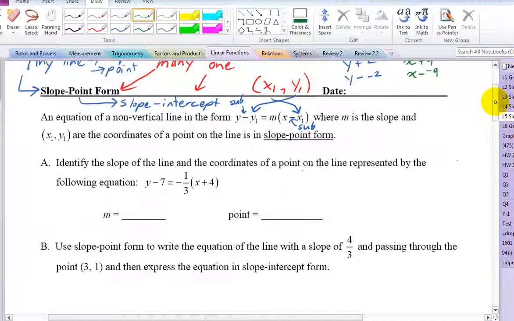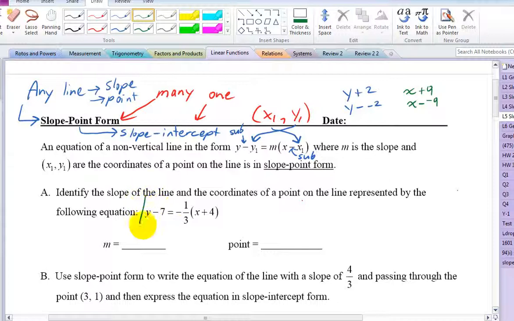So let's practice. Here we have our equation, y minus 7, and so on. What's the slope? Exactly. It's right where the m should be. Here's your m. It's right there. Negative 1/3. Okay. What's the point, though?